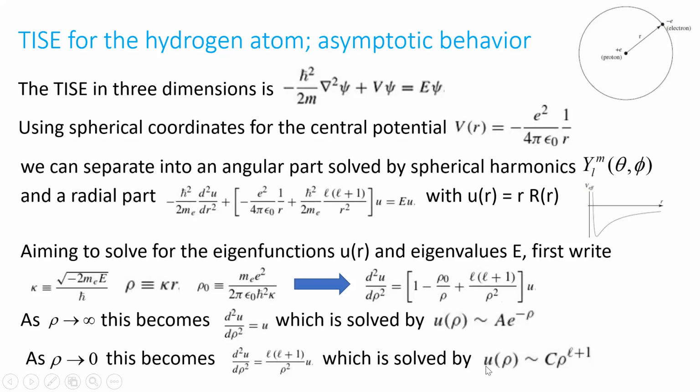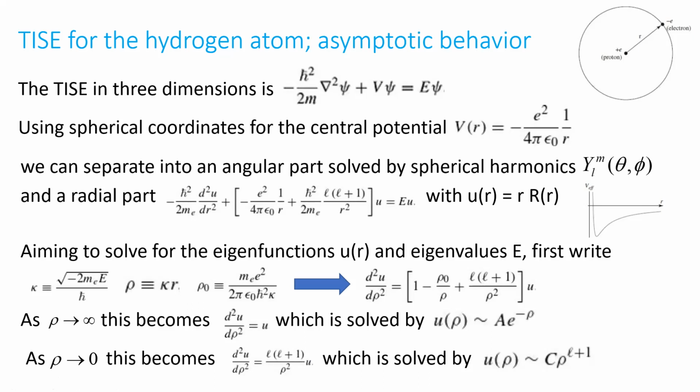So that's solved by u is some constant times rho to the L plus 1 power. And if you want, you can verify that. If you just take the second derivative of this and compare it to what you get on the right side, you find that they are equal. Okay, so those are the asymptotic behaviors: negative exponential behavior at large rho, and this power law behavior, rho to the L plus 1, where L is one of the indices in the angular part.